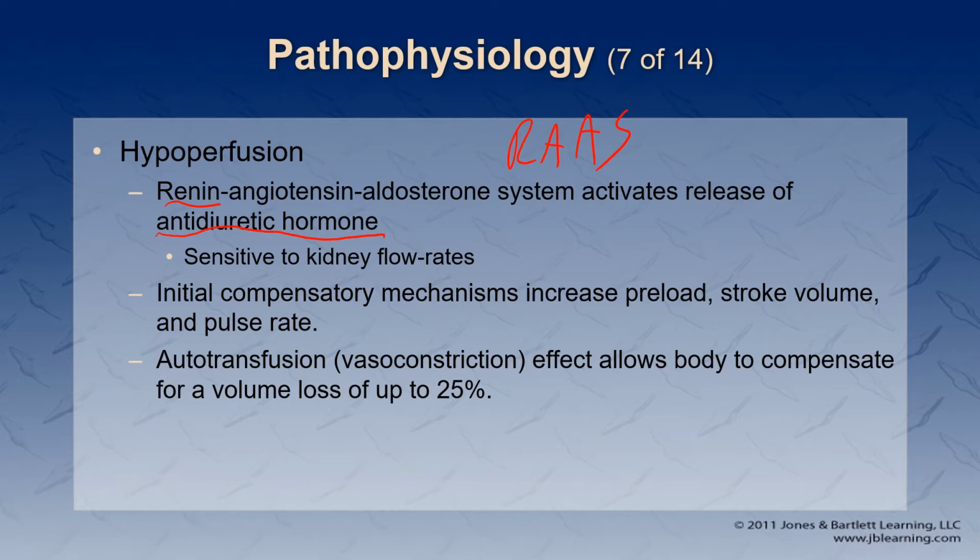So your heart has sympathetic nerves running to it, and it's the easiest thing for your body to do is to upregulate your cardiac system. So it can say you need to beat harder, right? You need to beat faster. So stroke volume is going to be harder, pulse rate is going to be faster.